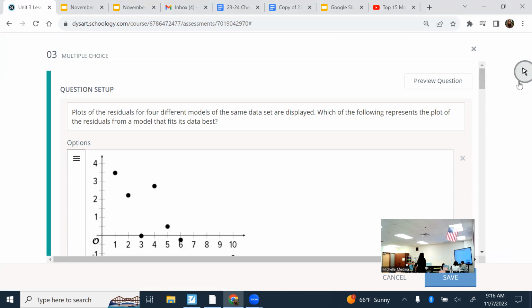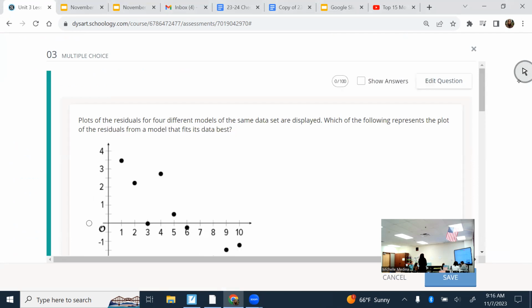Okay, plots of residuals for 4 different models of the same data set are displayed. Which of the following represents the plot of residuals from a model that fits its data best? So the data is the same, what's different is they use different equations of a line. Our computer would always give us the best, but they're not showing us the raw data.